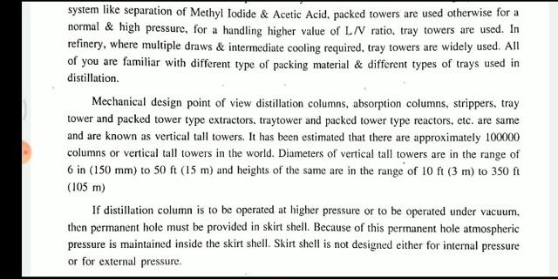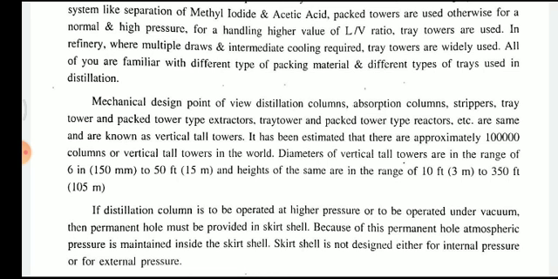Tray tower and pack tower type reactors are the same and all are known as vertical tall towers. It has been estimated there are approximately 1 lakh columns or vertical tall towers in the world.